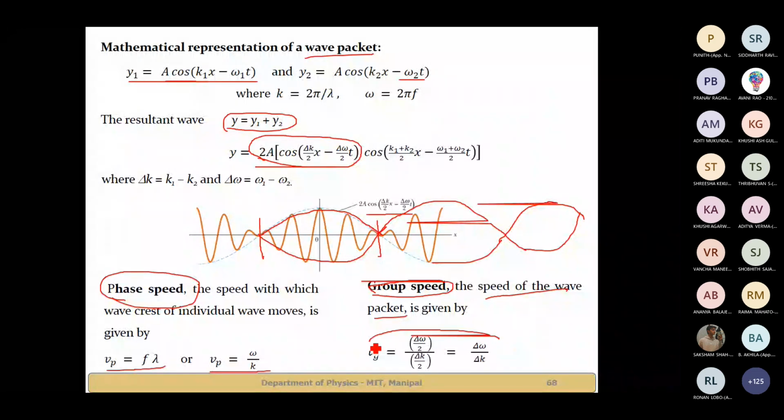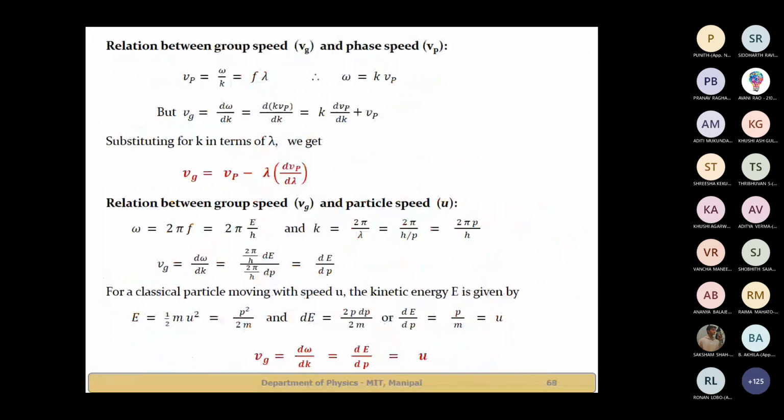Now we will see the relationship between the phase speed and the group speed. This equation gives you the relation showing that the phase speed and group speed are not the same, whereas in the next relation, you will see that group speed and the particle speed are one and the same.